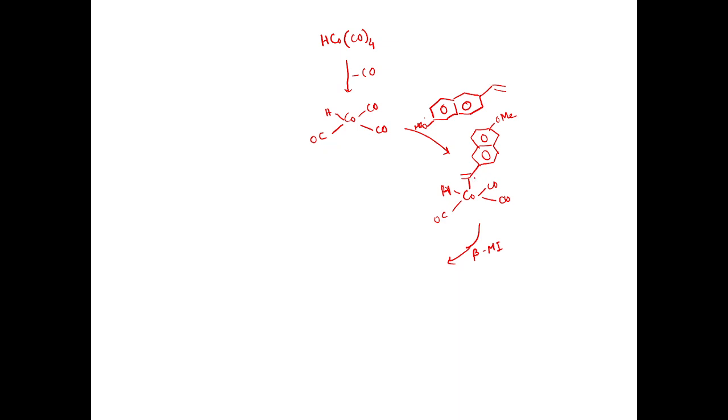But if it is an alkyl chain, then this type of stabilization is not there, and in that case the only possible thing is that the hydride will attack here. Okay, so the negative charge will be here.